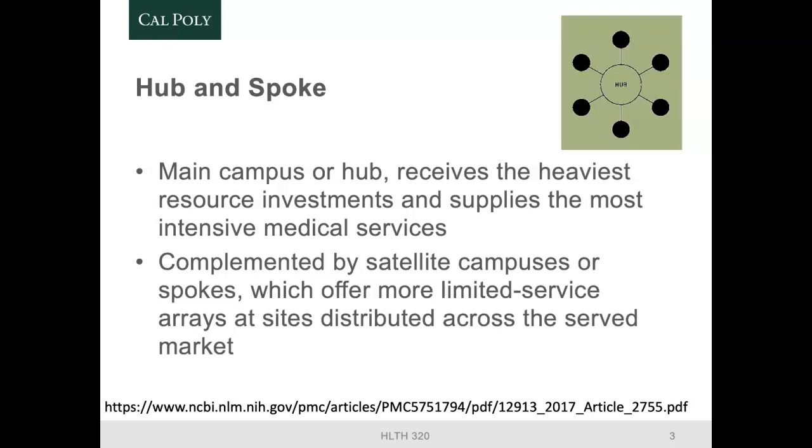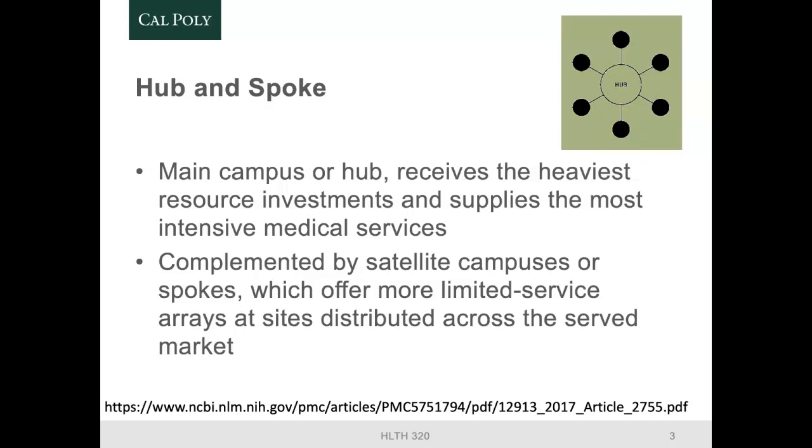This main campus or hub is then complemented by what we call satellite campuses or spokes, which are depicted here in this figure as these black little circles. And notice that these spokes come off of this hub, which is in the center.